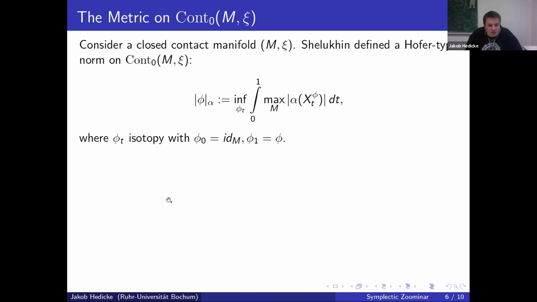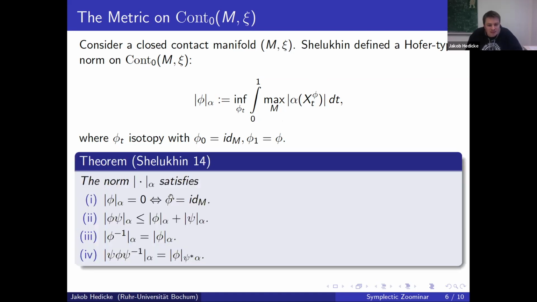What Shelukhin showed is that this is indeed a norm. First of all, it's zero if and only if phi is the identity. Secondly, it satisfies the triangle inequality with respect to composition, and it behaves nicely with respect to taking the inverse and conjugation.